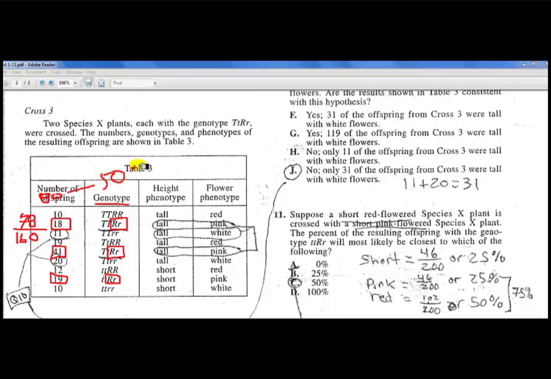Based upon what we see, capital R and small r, that is going to lead us to the correct answer of C. Forget all this other stuff here. It's way too hard to explain. Just simply use the information from table 3 and calculate out 50% for 11.